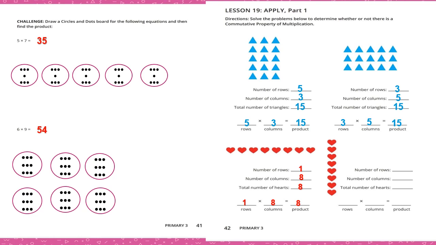Okay, in the next array, how many rows do we have? 1, 2, 3, 4, 5, 6, 7, 8. How many columns? Just 1. So the total will be 8 times 1 equals 8. So they are the same. This is commutative.